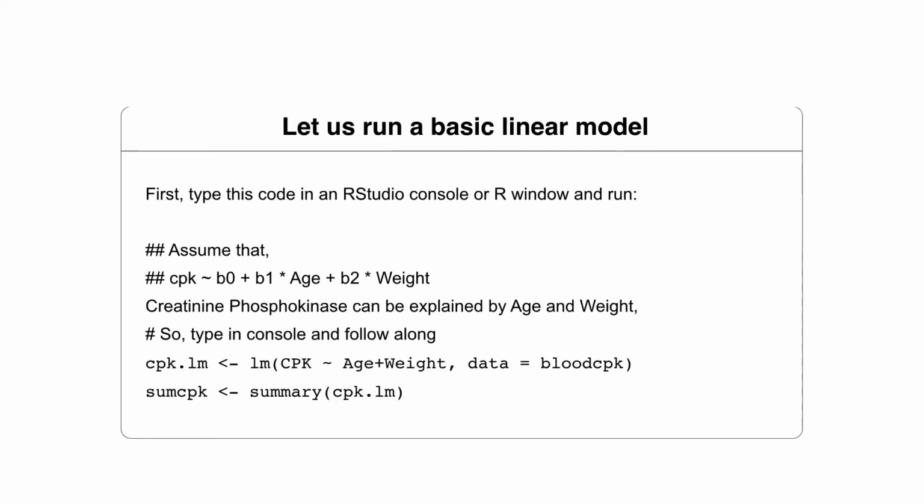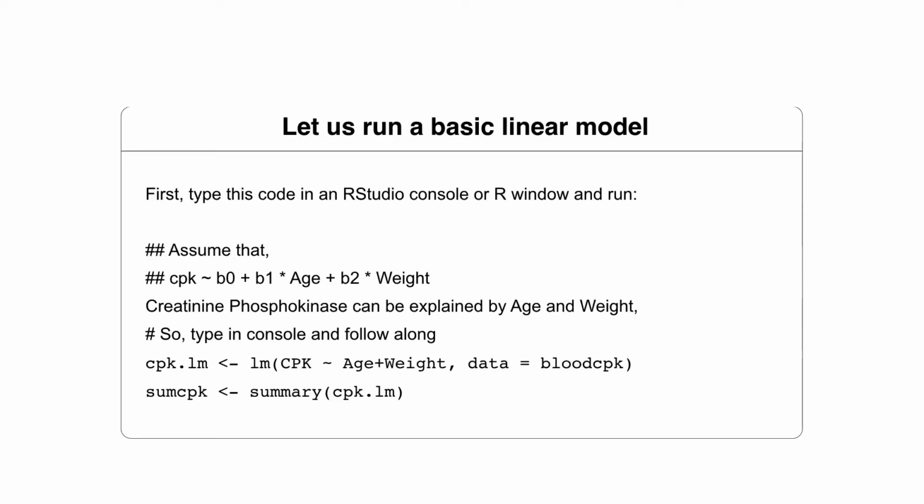Then we initiate that with a tilde mark. We add age plus weight. Remember that plus sign does not mean age and weight are added together. So age and weight. Then we specify the data. And then we order that we want a summary of that particular object, which is cpk.lm, which is stored in another object called sum_cpk. That's as simple as that.